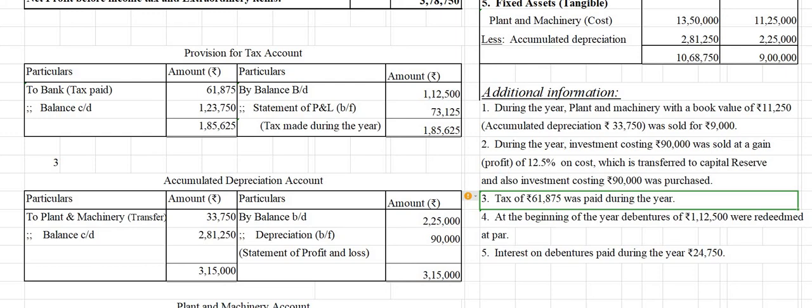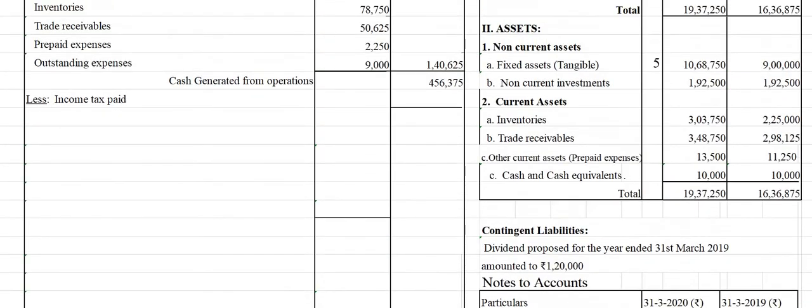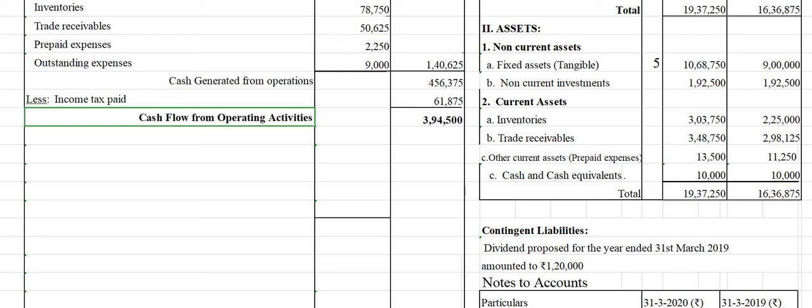So 61,875 can be deducted, and we get the final amount of cash flow from operating activities, 3,94,500.